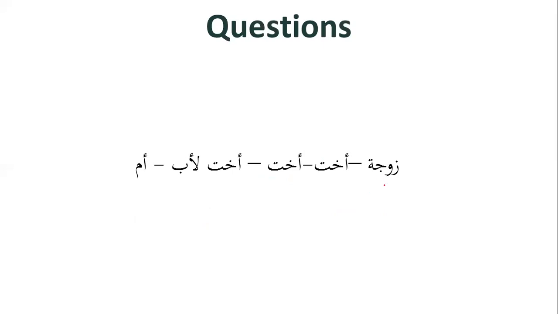The zawja would receive over here a quarter, ukht li-abin. So these two ukhts over here would receive 2/3, leaving nothing for the ukht li-abin, who would be mahjub. So again, according to condition number 6, when two or more ukhts are present in the absence of an akh li-ab, over here would receive 1/6.